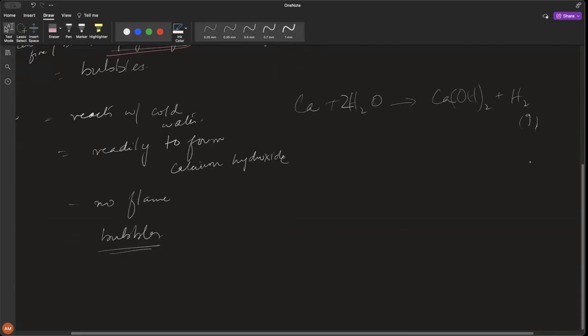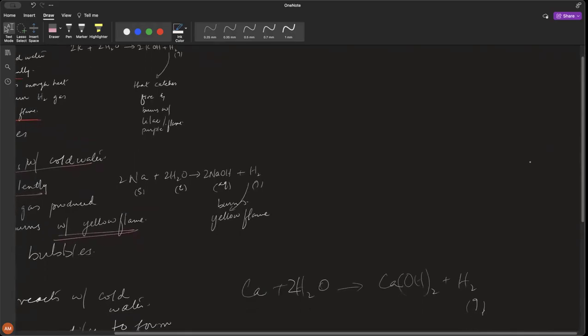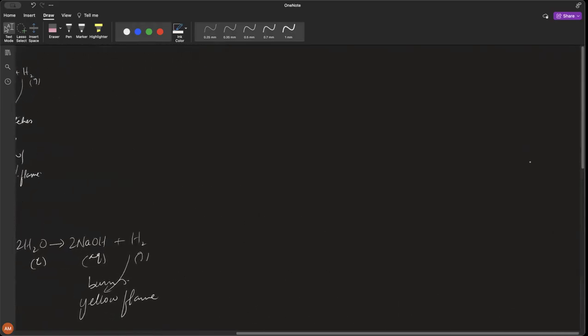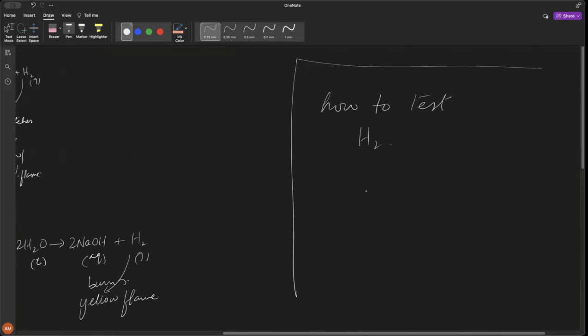For all of these, whenever hydrogen gas is produced, you know how to test hydrogen gas. A burning splinter, right? We were able to do that, I think, when we were doing metals. Can you recall?